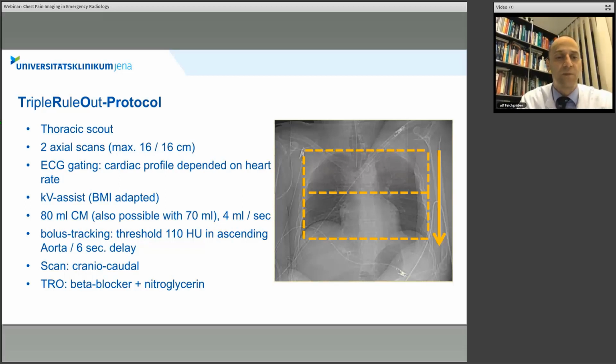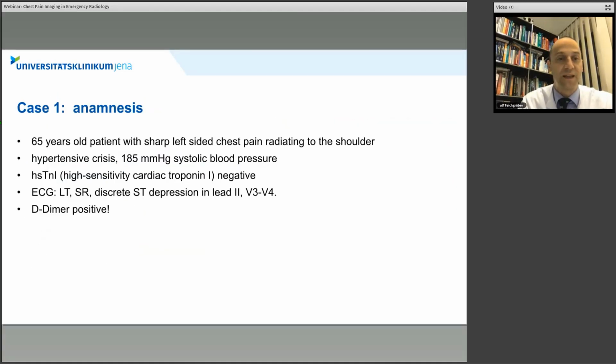So we take a little bit more contrast, where with a pure coronary scan we can end up with 40 to 50 milliliters of contrast. And of course, bolus tracking, I think this is nowadays standard anyhow. We don't have to discuss that.